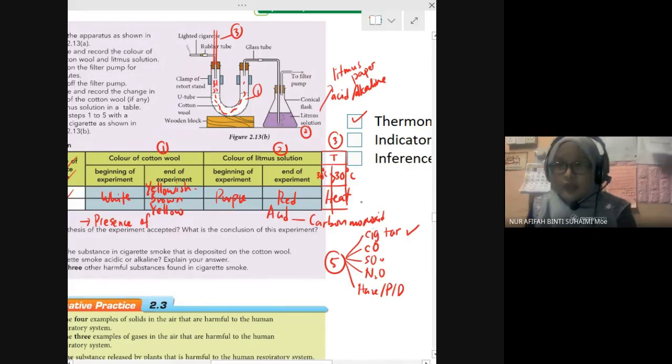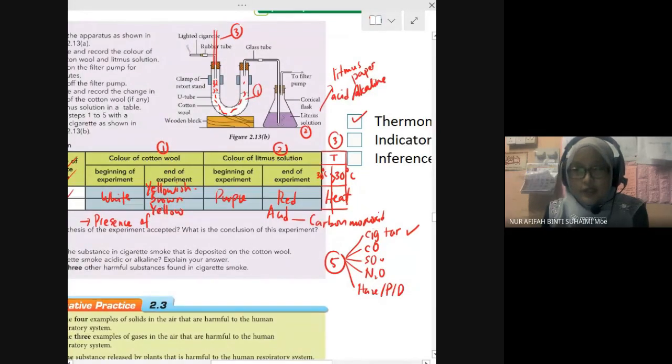Cigarette tar, not carbon monoxide. Carbon monoxide is for the color of the litmus solution. So the cotton wool changes color into black because of cigarette tar.